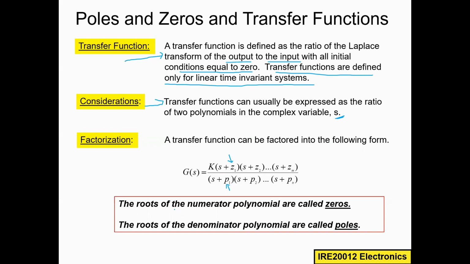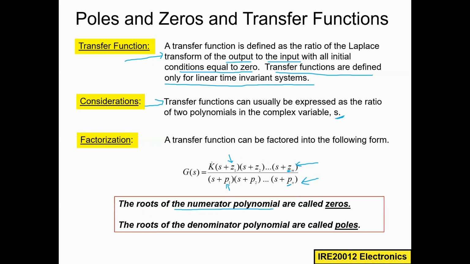The roots of the numerator polynomial are called zeros. The roots of the denominator polynomial are called poles. I represented poles by P and zeros by Z so you will not get confused.